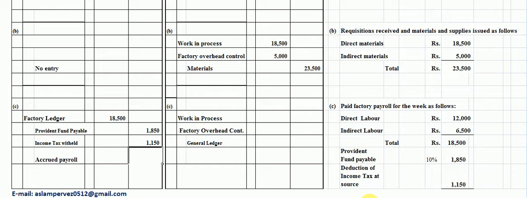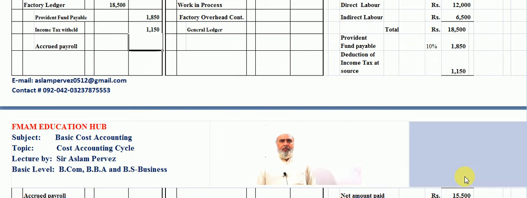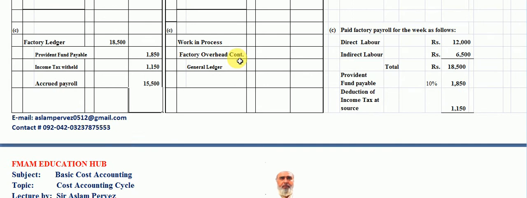The remaining balance is the accrued payroll 15,500 rupees here. Students, this is the basic payroll entry in the book of head office.